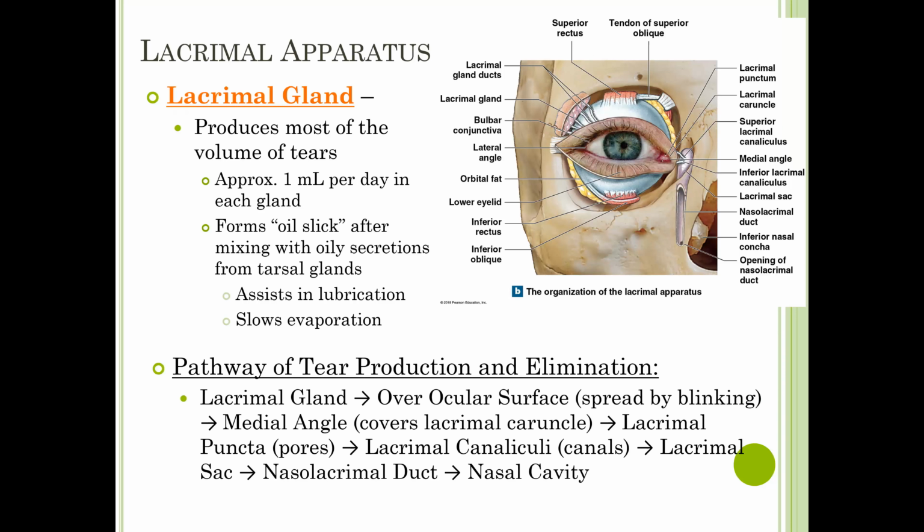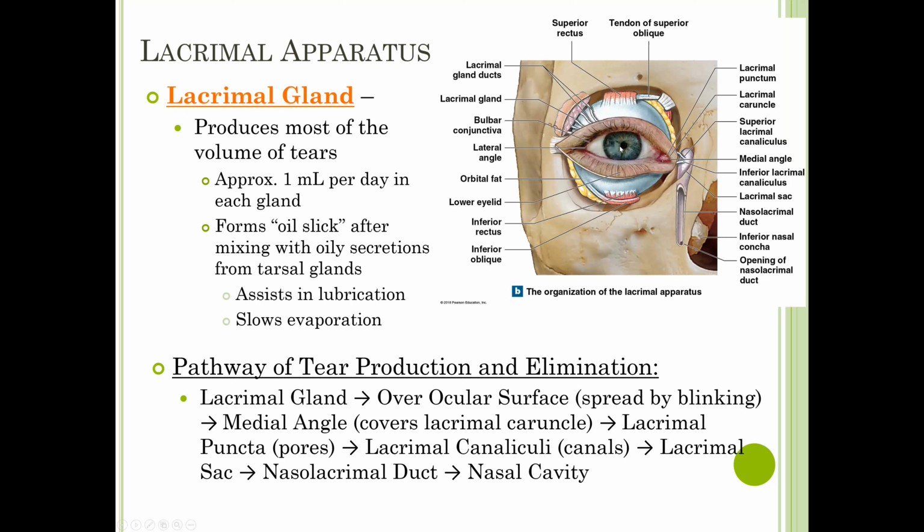So now let's look at the other structures involved in the lacrimal apparatus, and we're going to do that by looking at the pathway of tear production and elimination. So the tears, as we mentioned, are produced by the lacrimal gland up here in the upper corner of the eye. Then they're going to pass through these small little lacrimal gland ducts where they're going to be released onto the ocular surface. They're then spread around your eye by blinking.